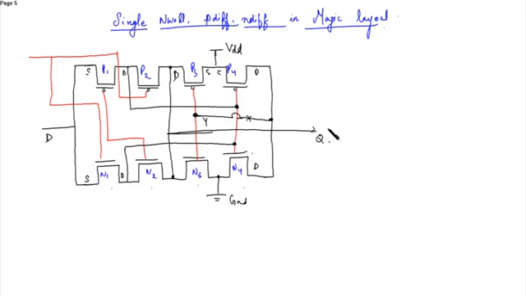Okay. So now let's see the layout of the CMOS latch. Now let's see the layout of a CMOS latch. That is drawn from the twisted schematic diagram.